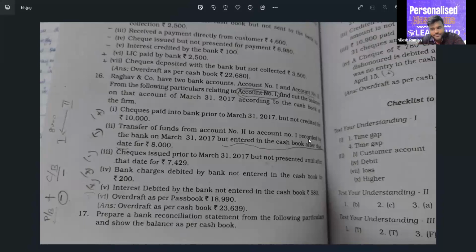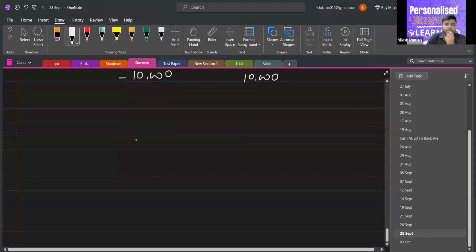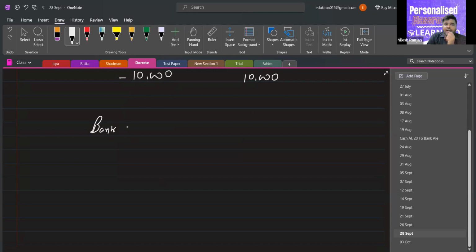There will be some difference in the cash book and passbook balance. Now, if we are doing the bank reconciliation statement with an incorrect balance, then our bank reconciliation statement is also incorrect. Yes or no?